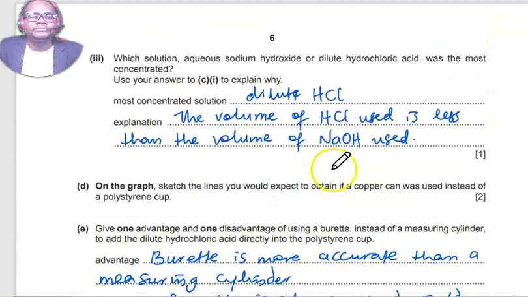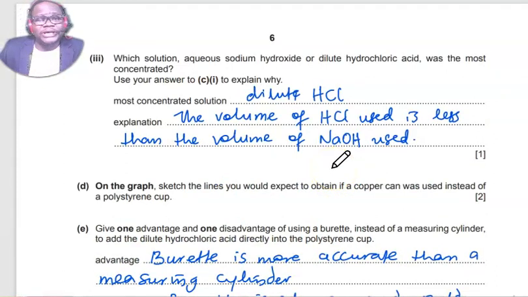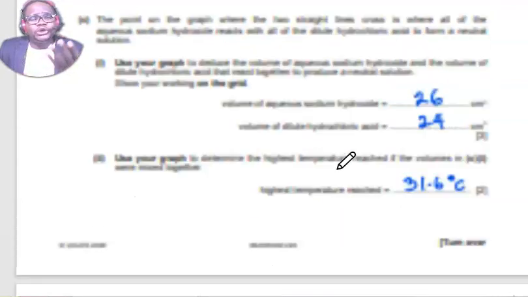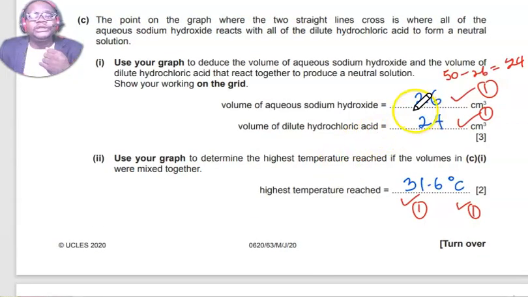Which solution, aqueous sodium hydroxide or dilute hydrochloric acid, was the most concentrated? So how do you find the one that is most concentrated? You have to go back to your reading in C1, here. So check this value out. 26 cm3 of sodium hydroxide neutralized 24 cm3 of hydrochloric acid.